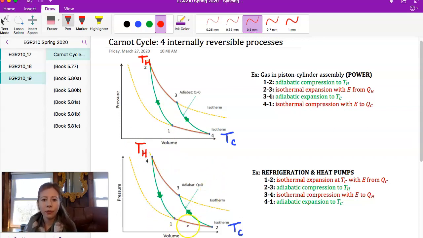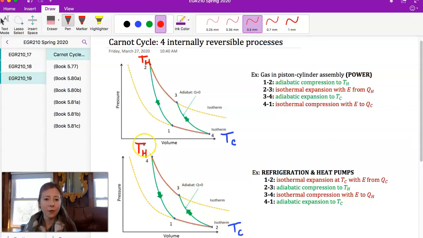Process 1 to 2 is isothermal, and we expand at our cooler temperature with energy coming from our cooler reservoir. Remember, with a heat pump and refrigeration cycle, we're inputting work to force heat to flow from the cooler reservoir to the warmer reservoir. Then from process 2 to 3, we have adiabatic compression all the way up to our higher temperature.